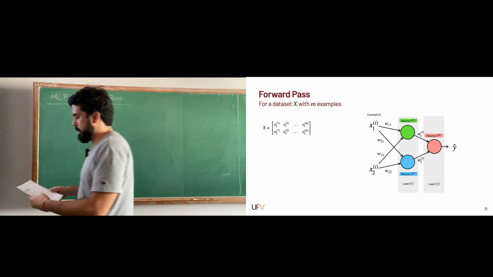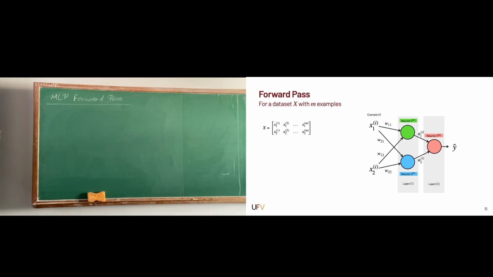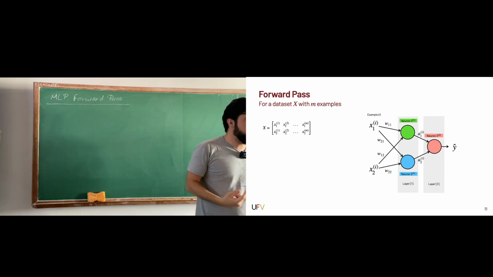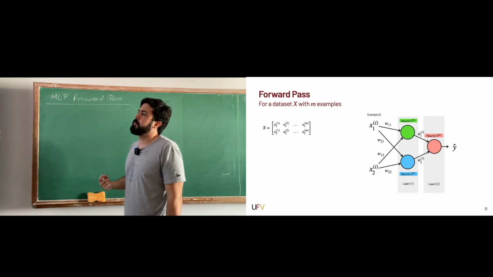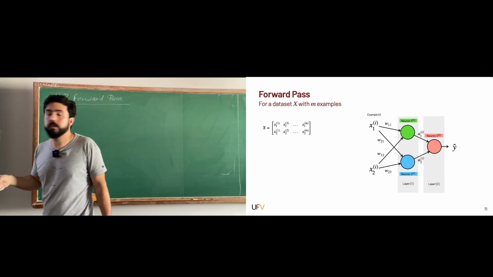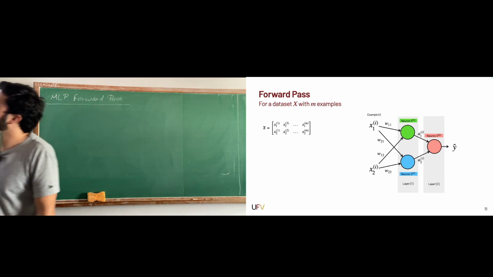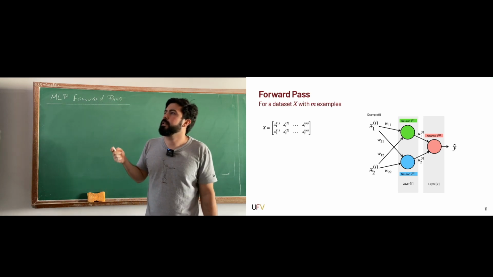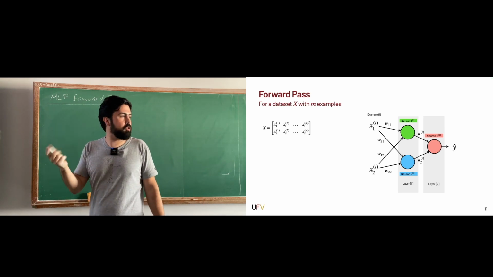Now we have a whole data set, which is called capital X, and each example in this data set is in the columns. So the first column there is example 1. And each row represents the dimensions of this example.